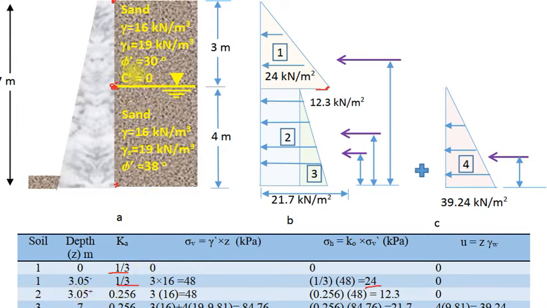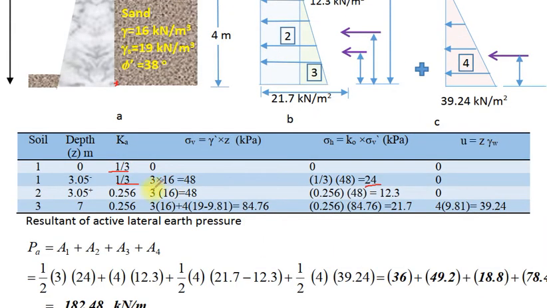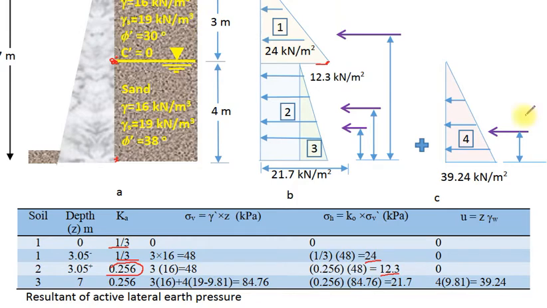So in this layer K active will be 1 minus sine 38 over 1 plus sine 38, which gives 0.238. So K active for the second layer is 0.256. The vertical stress is also 3 meters multiplied by 16, equal to 48. 48 multiplied by K active gives the active lateral pressure equal to 12.3.